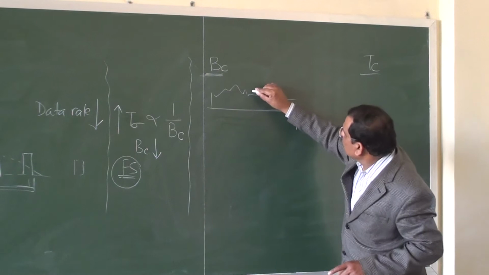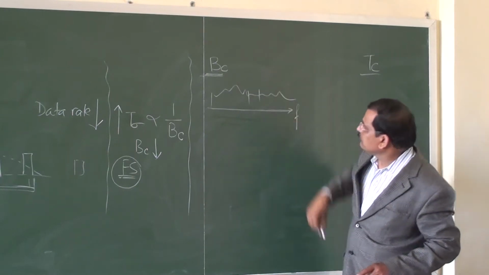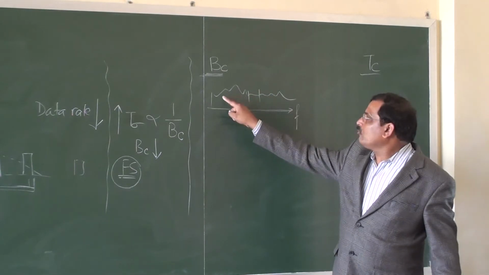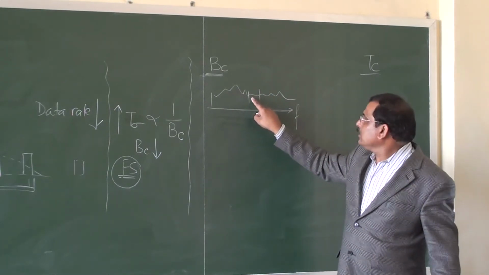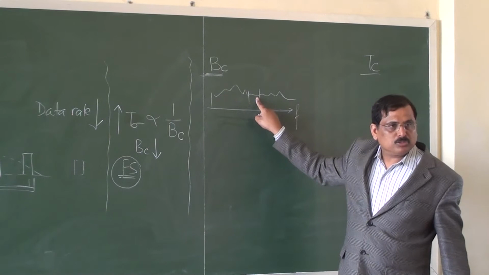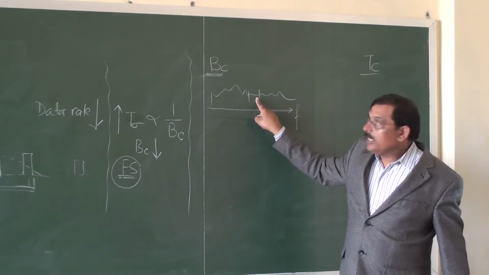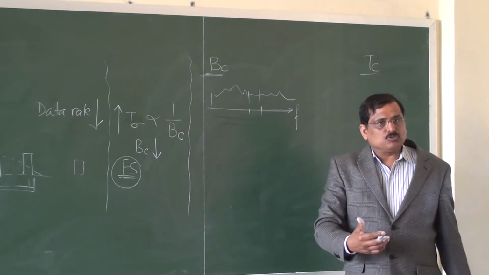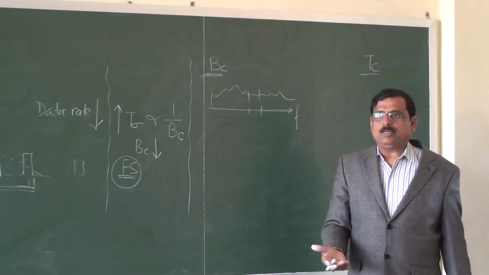Let us say from here to here, the variation is almost minimum, almost nil. Here you find the variation is too much, and in this duration you find the variation is almost nil. Then from this frequency to this frequency we can say the channel is going to exhibit static behavior.